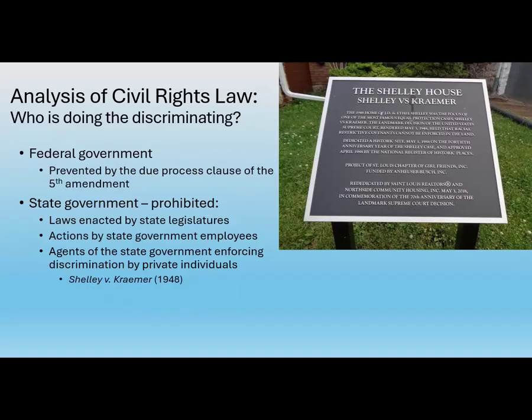The textbook gives examples of when that did happen and when that didn't happen, so you can get an idea of how it works. But state action does not exist when we're just dealing with private individuals acting on their own behalf. Private individuals and organizations are not prohibited from discrimination, so the 14th Amendment's Equal Protection Clause does not apply to them.